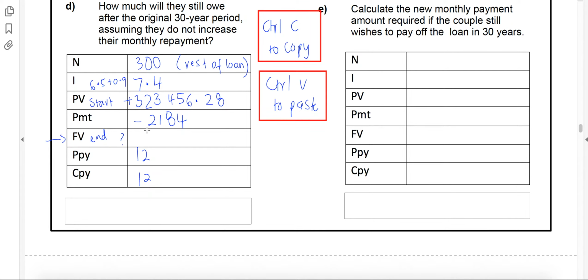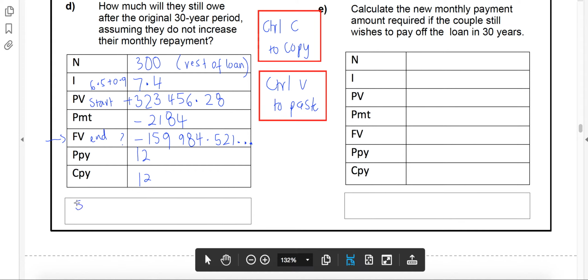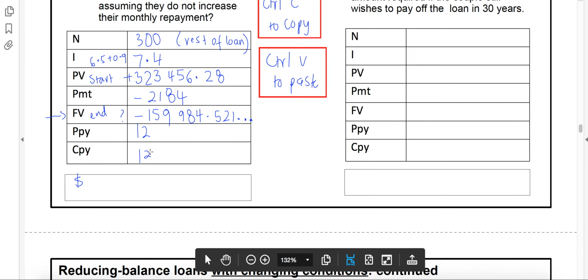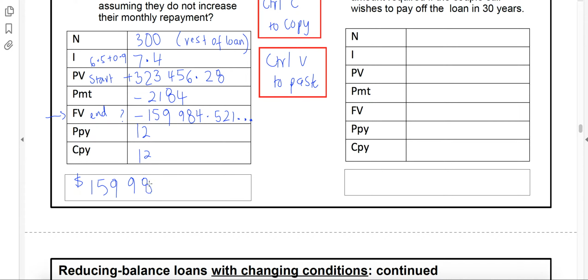And then we go down to FV and we're going to see what they still owe. This is what a big difference an interest rate change can make. We have a look there. They kept paying that money, that 2184. At the end of their loan, they actually still have all of this to go.